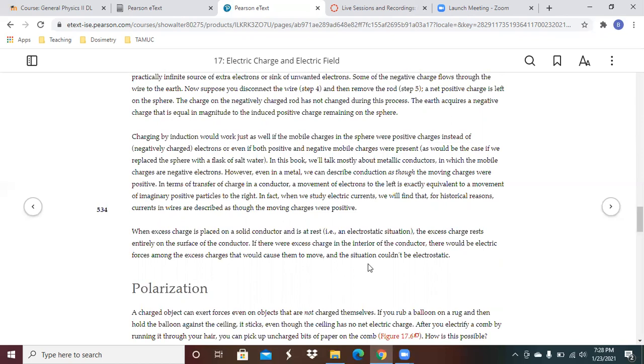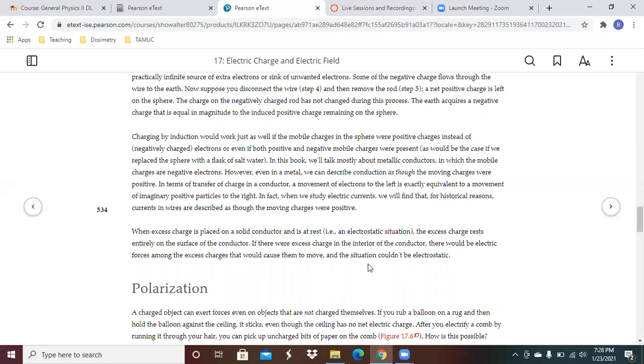In fact, when we study electric currents, we're going to find that for historical reasons, currents in wires are described as though the moving charges were positive. When a lot of these concepts were developed, we had certain ideas, and in some cases, we tried to hold to those.